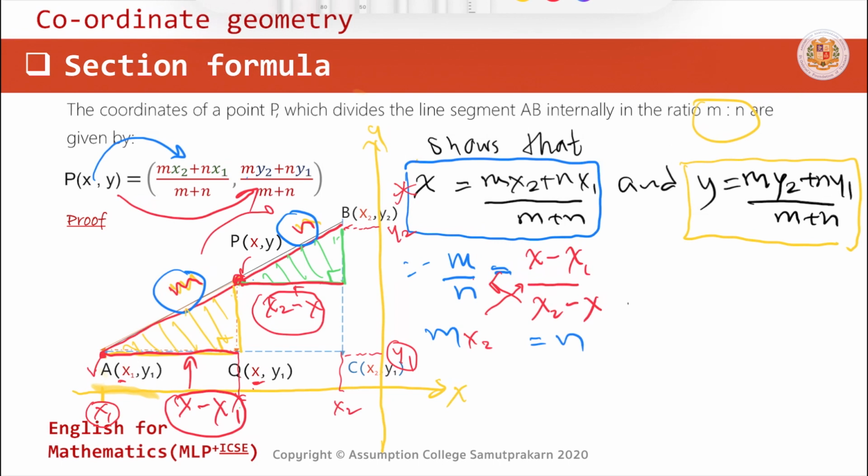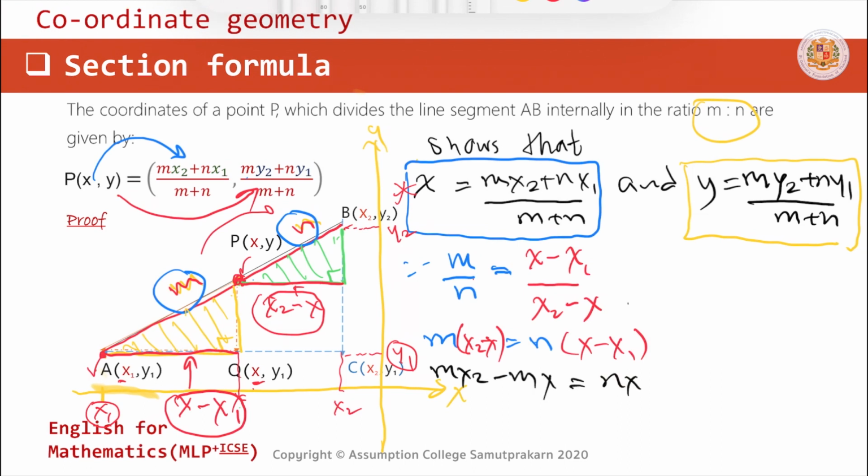We get mx2 minus mx, okay, let me do this. mx2 minus mx equal to n times x minus x1, and we're gonna get mx2 minus mx equal to nx minus nx1.